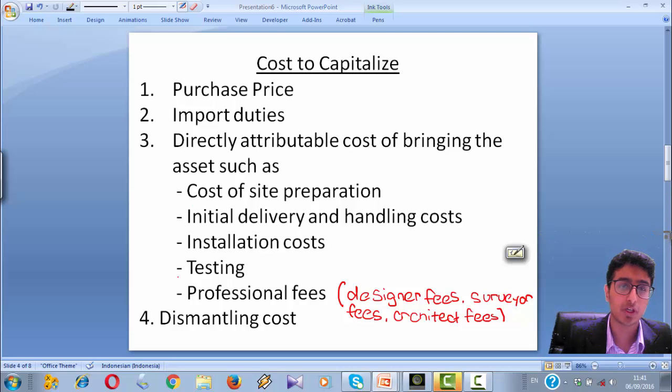And the fourth one is what you call dismantling costs. Now, what is dismantling cost?